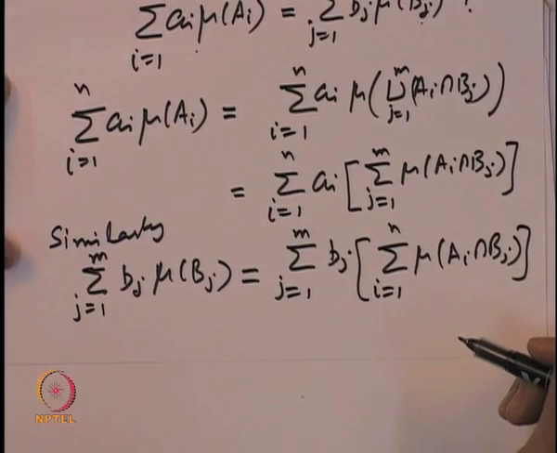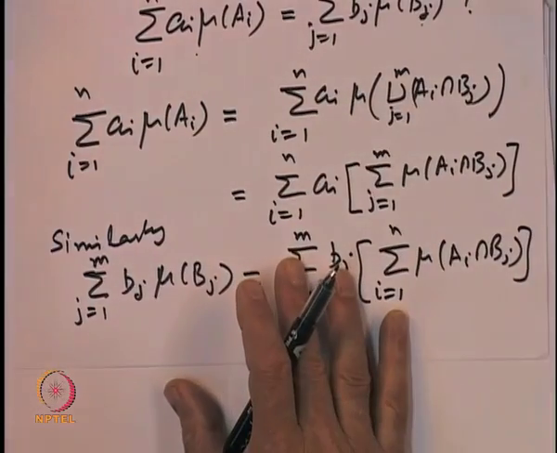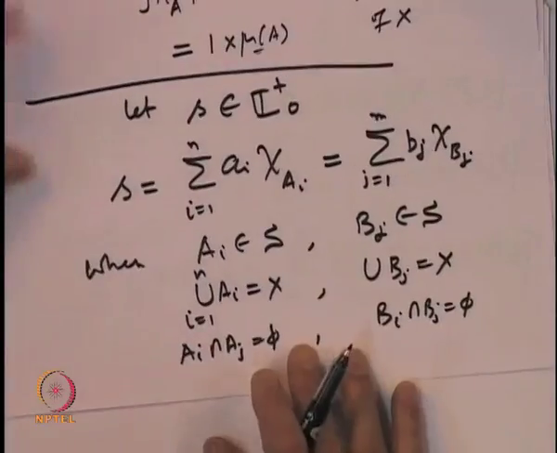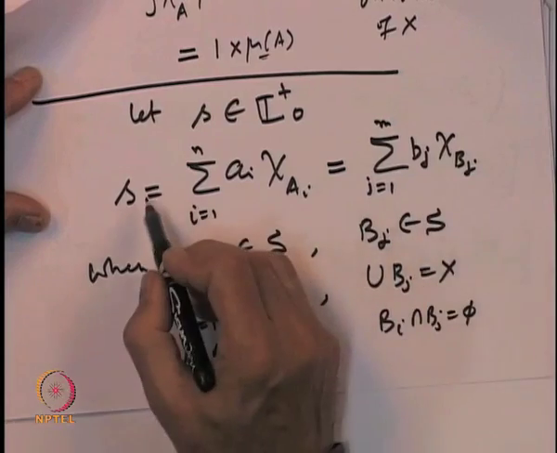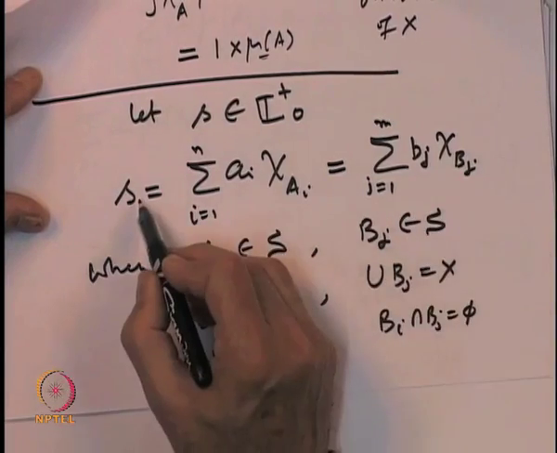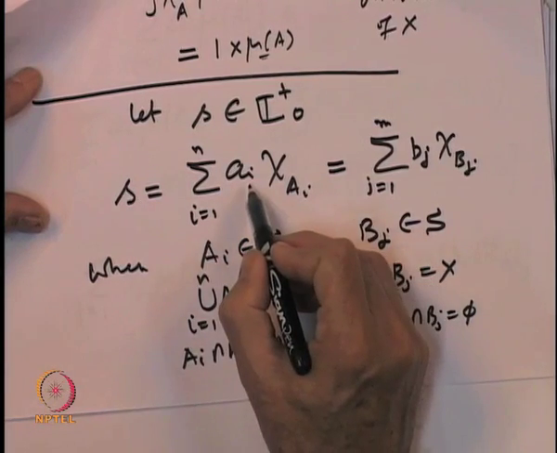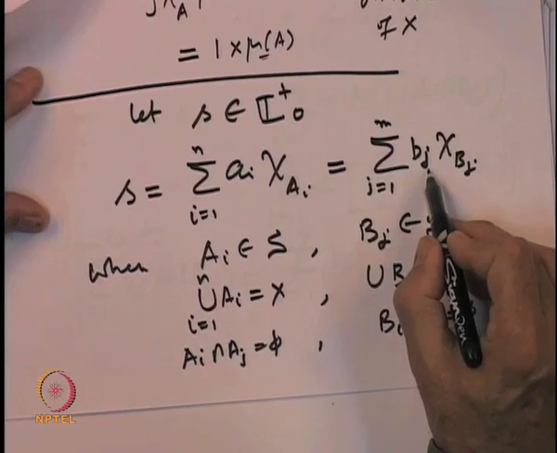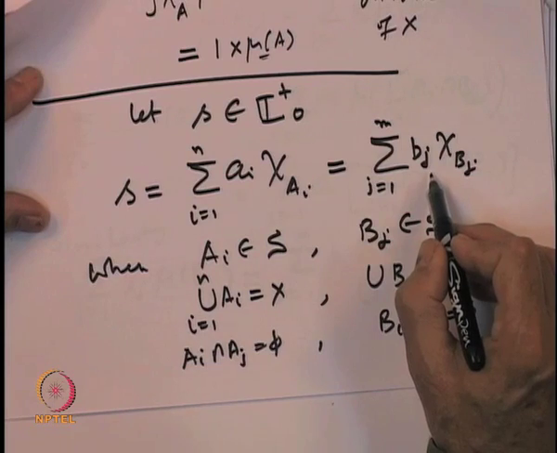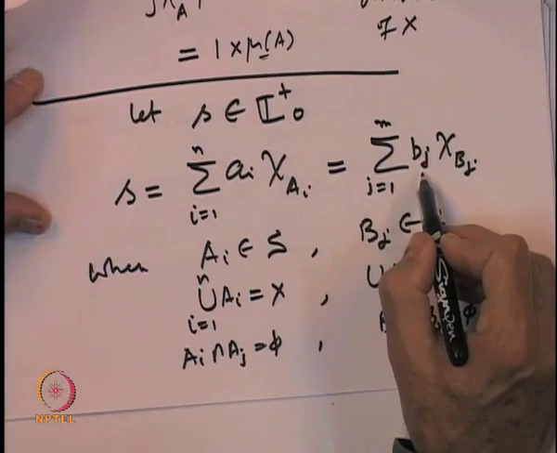Now, let us observe that given that the function S has two representations, this is equal to this. How is this function calculated? At a point x, if x belongs to A_i, the value is a_i, and on the other hand it may belong to some B_j, the value will be b_j. So that forces one to say that if x belongs to A_i intersection B_j, then a_i must be equal to b_j.